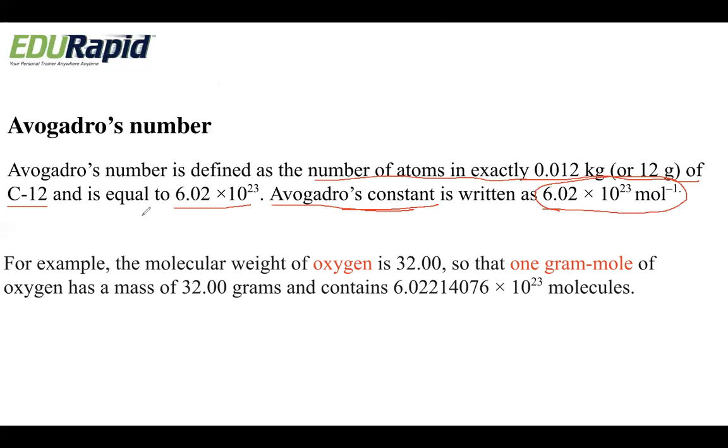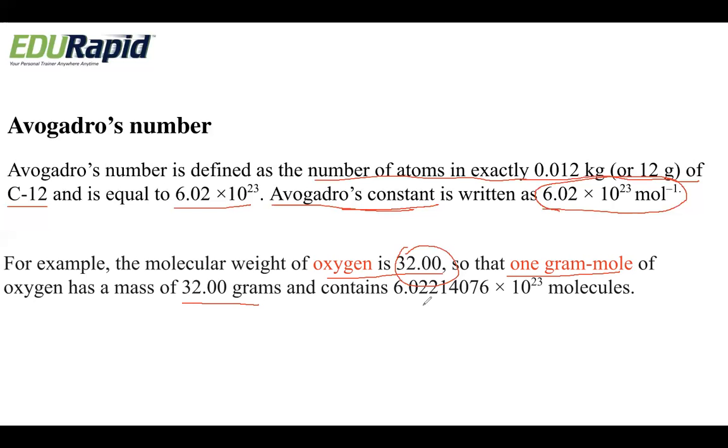We will see this with the help of an example. For example, the molecular weight of oxygen. What is the molecular weight of oxygen? It is 32. So 1 gram mole of oxygen has a mass of 32 grams.